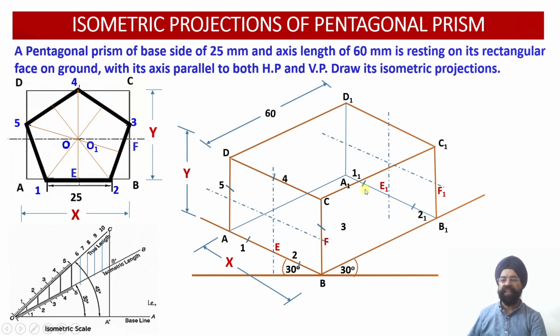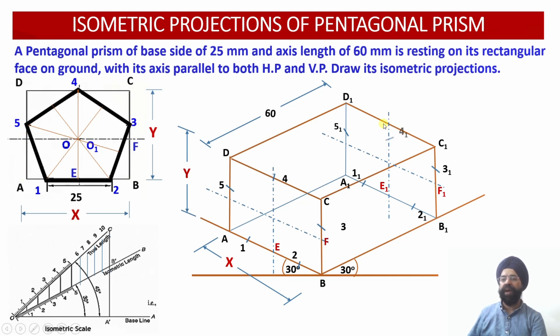Now let us repeat this procedure for the rear face. The distance of A1 11 is equal to the distance of B1 21. Similarly, the distance of B1 31 will be equal to the B3 distance, and similarly the A1 51 distance will be equal to B1 31, which will be equal to the same distance of A5 or B3.